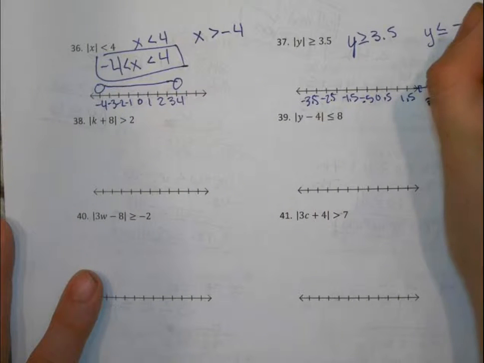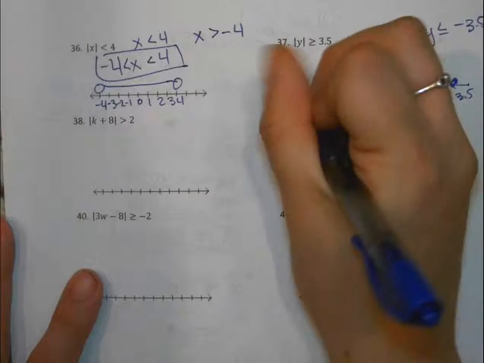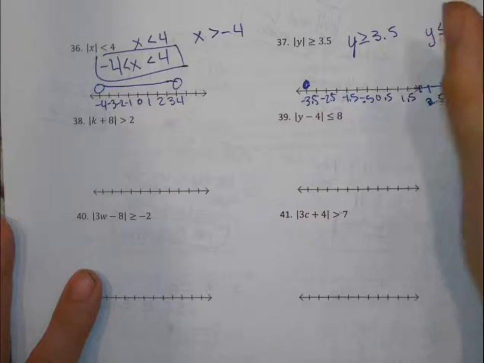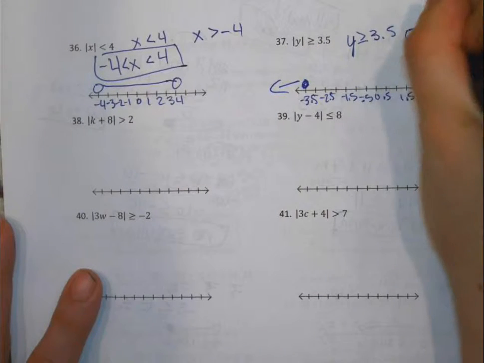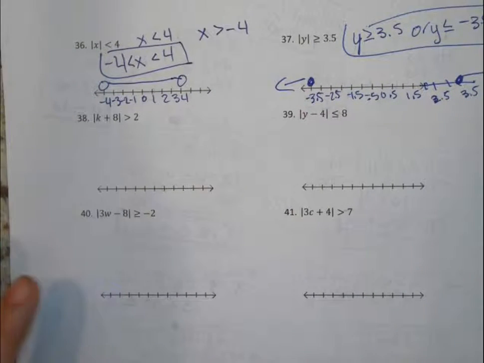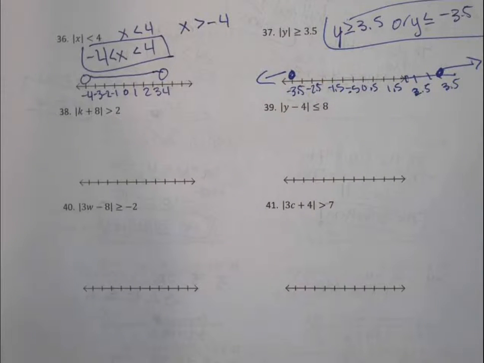Positive 3.5 gets a solid circle, negative 3.5 gets a solid circle. These ones actually face away when I go to graph them, so I put "or" in between, and that's my answer for the quiz.